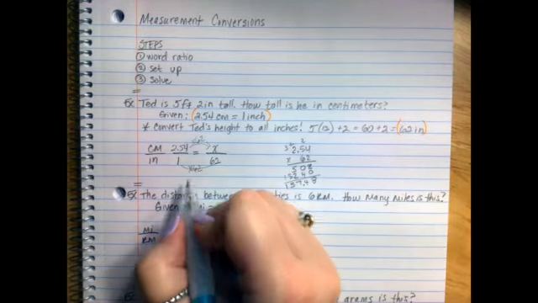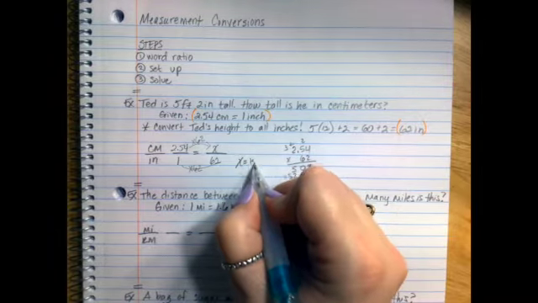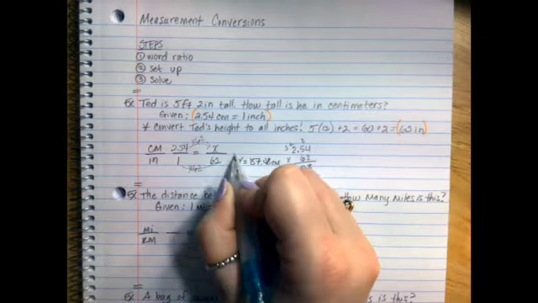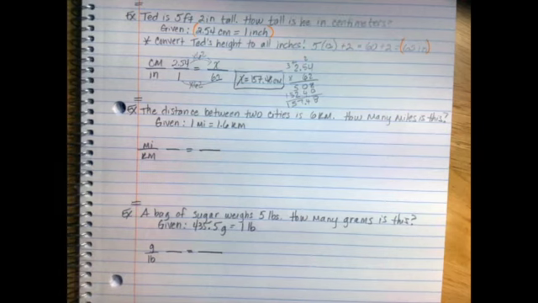So Ted, the x, is 157.48 centimeters tall. Right? Let's go on to another one.